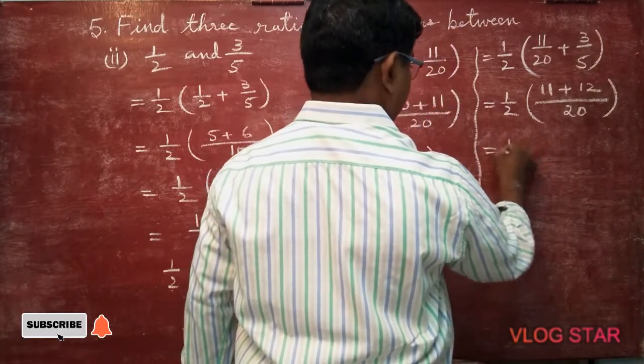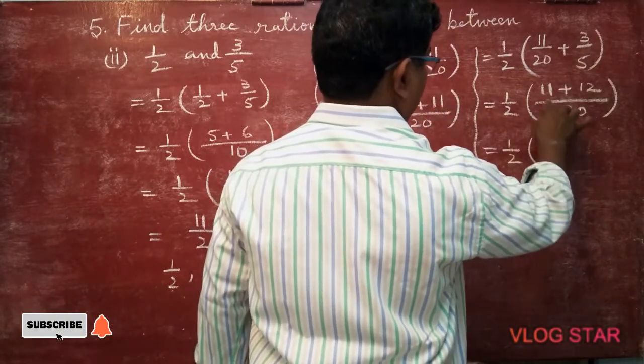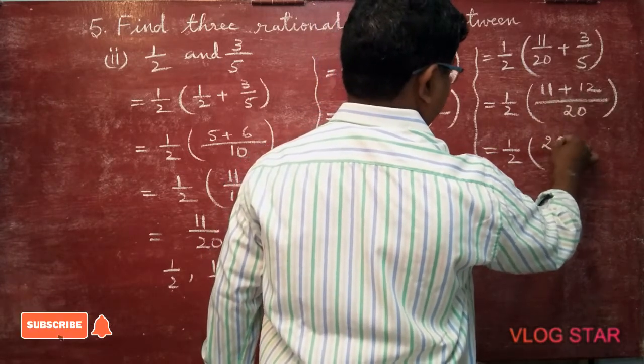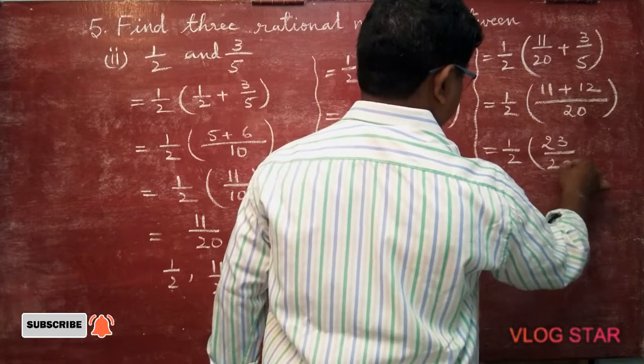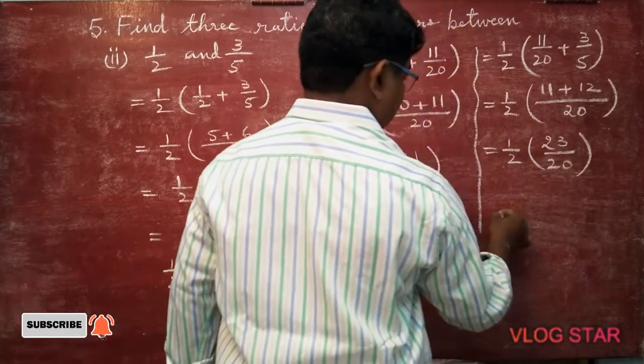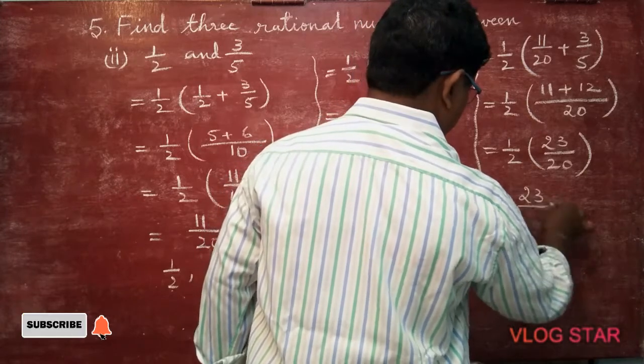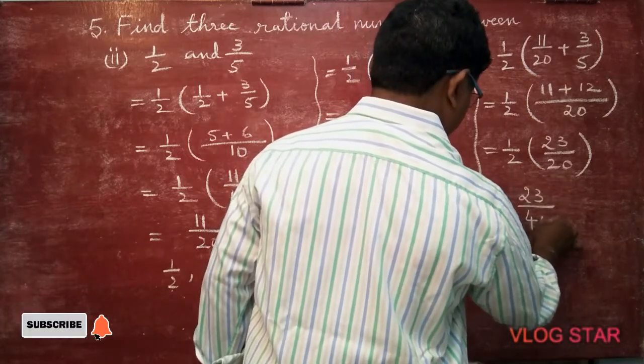That is equal to 1 by 2 into 11 plus 12, 23 by 20. So, that is equal to 1 twos are 2, 3 is 23 by 2 20s are 40.